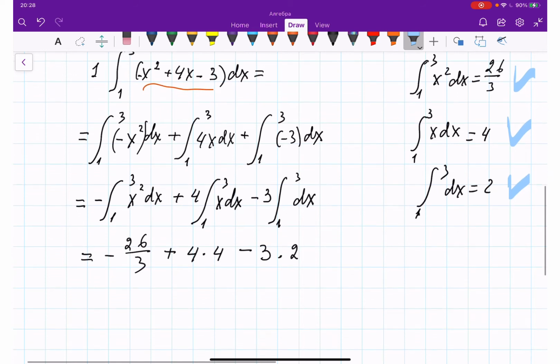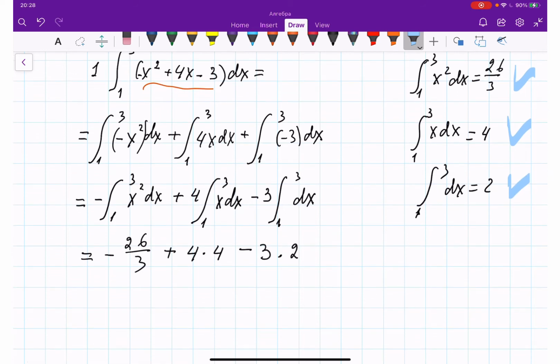As you can see, I didn't plug in 1 and 3 because in this part everything is already counted, and the value is already given. Yes? Okay, and if we calculate, the answer is going to be 4 over 3.